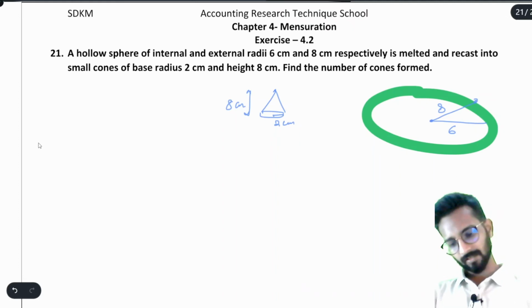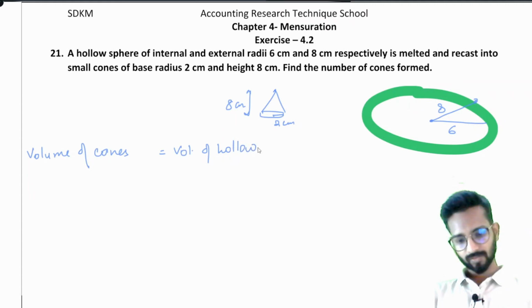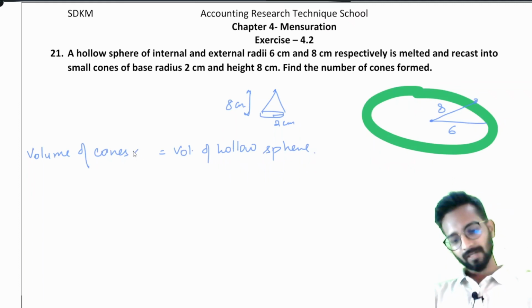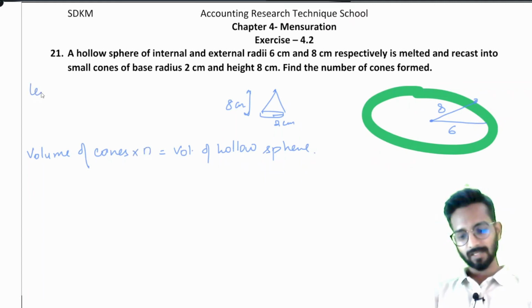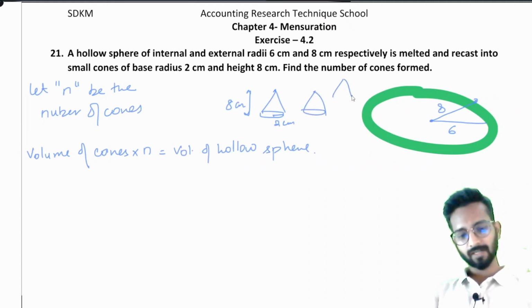See, very easy. Again, volume of each cone multiplied by how many cones there are will be equal to volume of hollow sphere. So let n be the number of cones, because we do not know how many cones can be formed. We have to find that number of cones only, so we are supposing it as n.